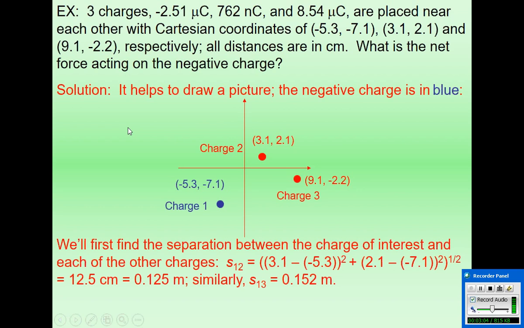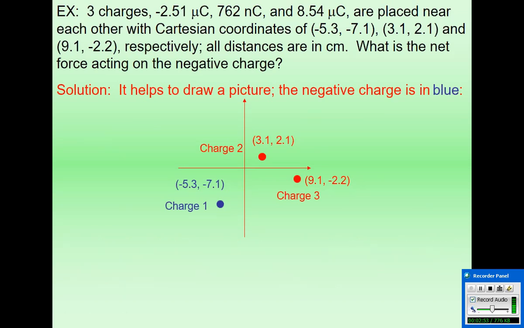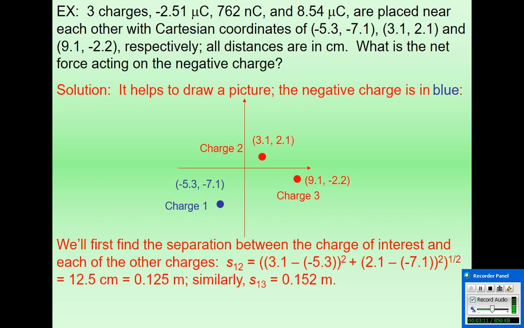Let's start doing that. The separation between charges 1 and 2 is going to be, from the distance formula, 12.5 centimeters or 0.125 meters. And through the distance formula, you should also be able to show that the separation between charges 1 and 3 is 0.152 meters.